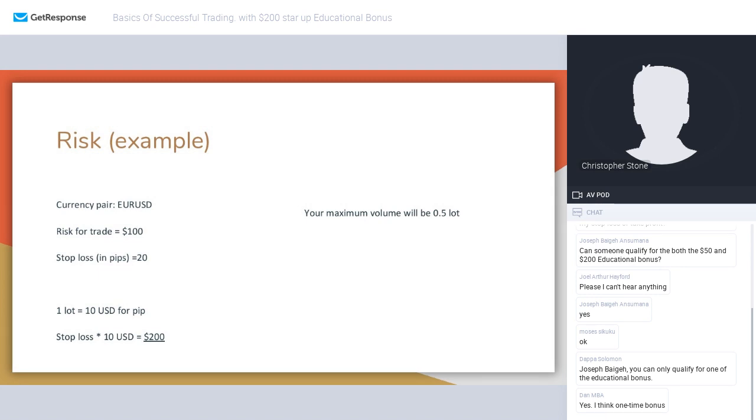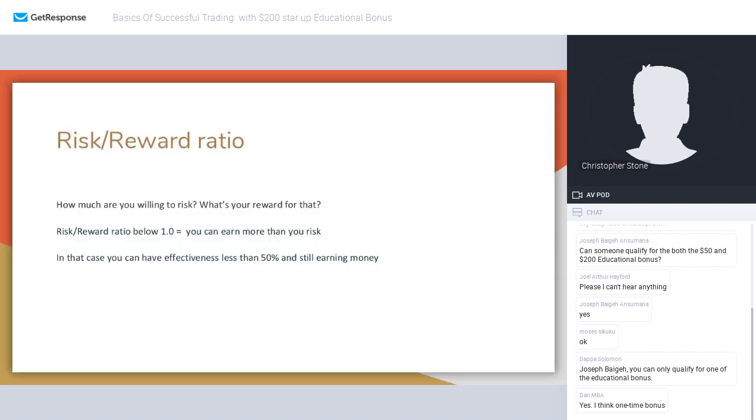So there is the next thing I want to talk about in these basics of successful trading. I showed you how to set your risk, right? If you are saying, okay, 1% or some kind of amount, the next thing is the risk reward ratio. Risk reward ratio is how much you are willing to risk and what your reward is for that.